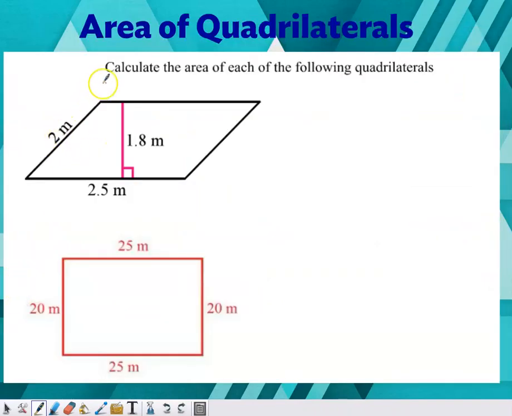So now what we're going to do is calculate the area of each of the following quadrilaterals. Remember, area is base times height. So here, when we're looking at this parallelogram, we're going to take the base, which is the bottom, times the height. Remember, it cannot be slanted, so it cannot be that. It has to be straight up and down.